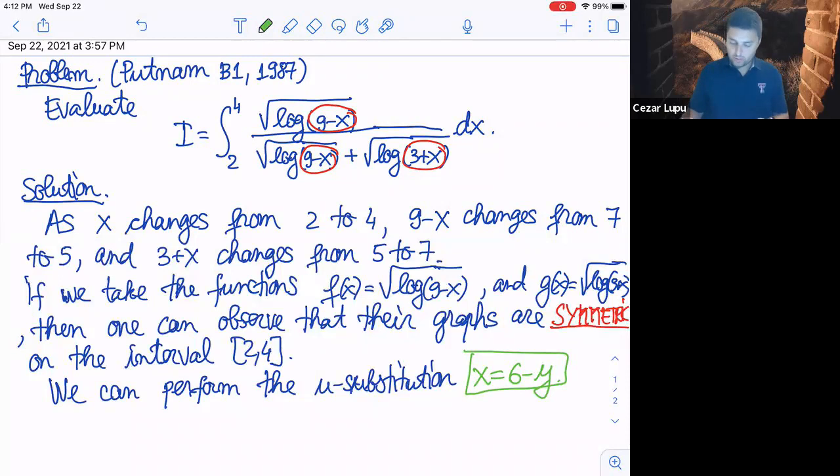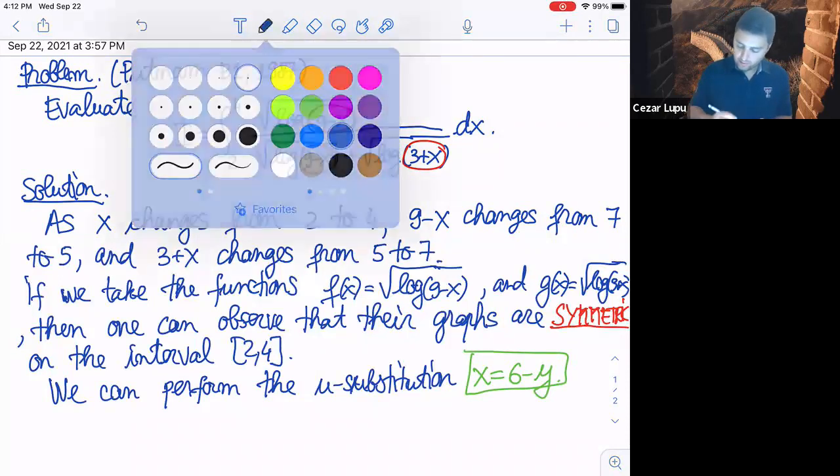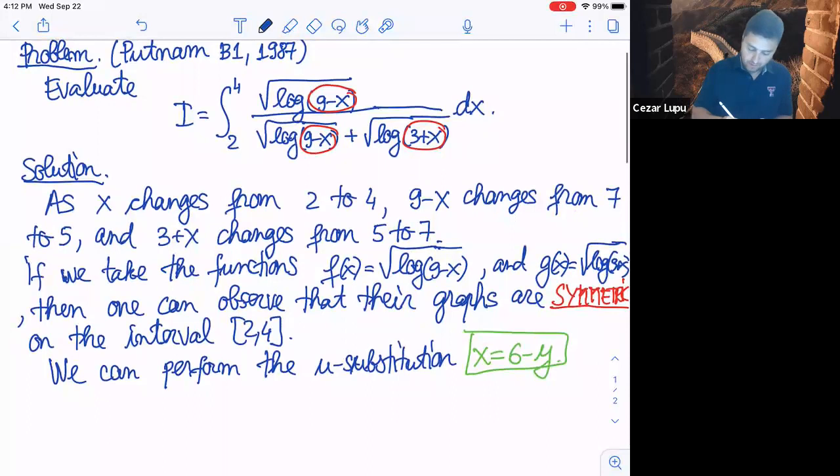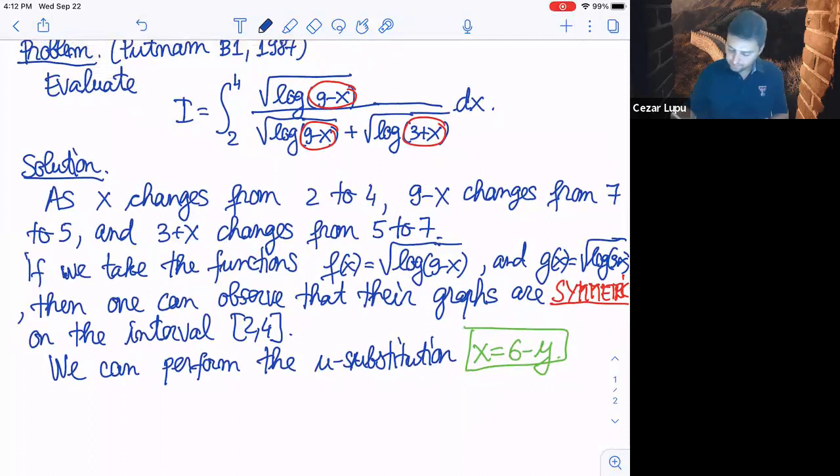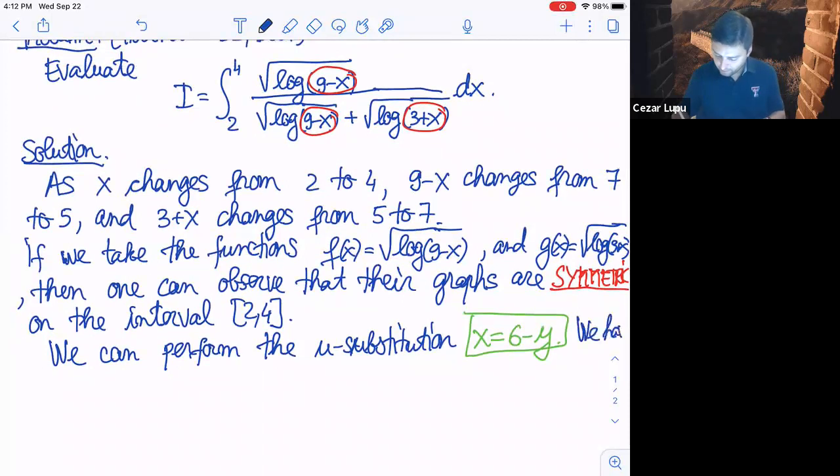All right, let's see what we have. If we do this substitution, then when x is 2, u will be 4, and when x is 4, u will be 2.